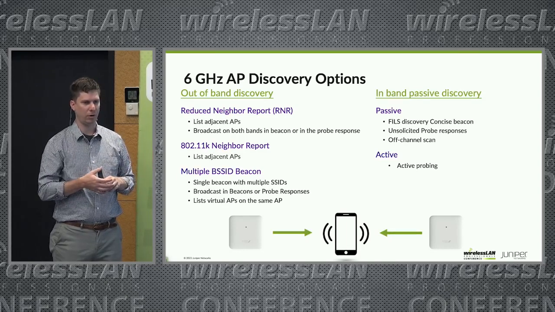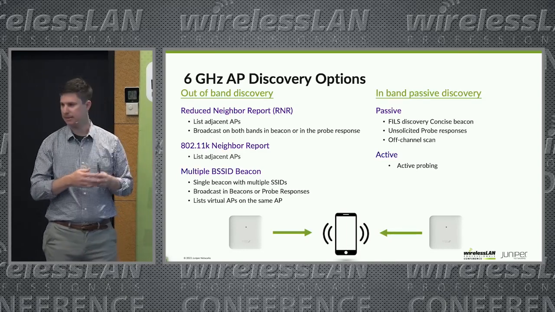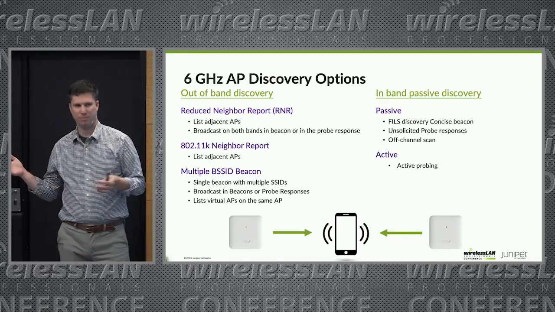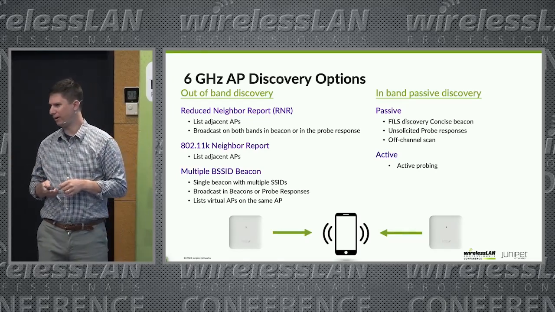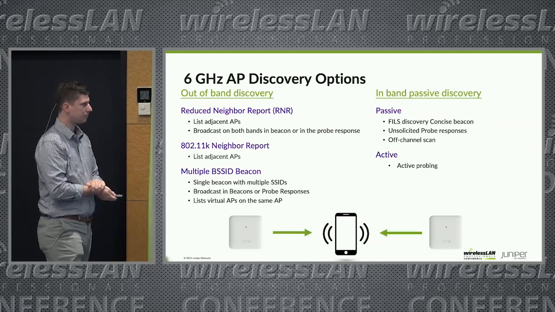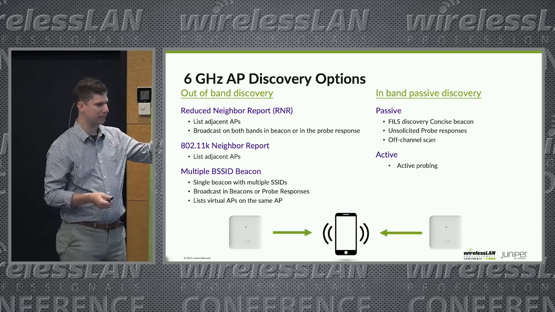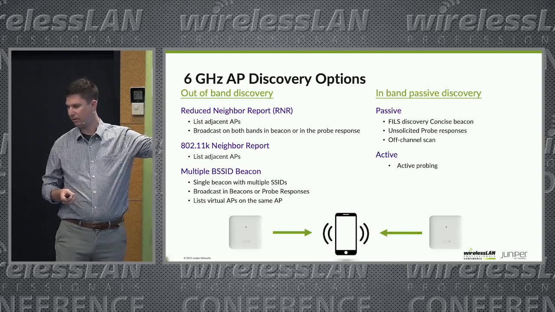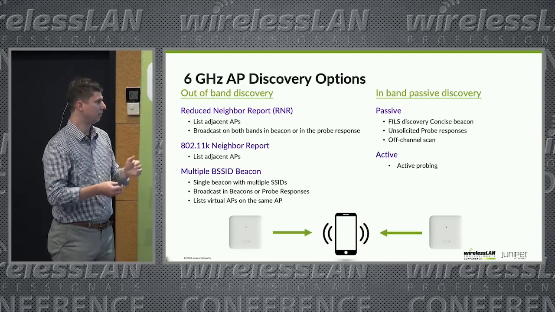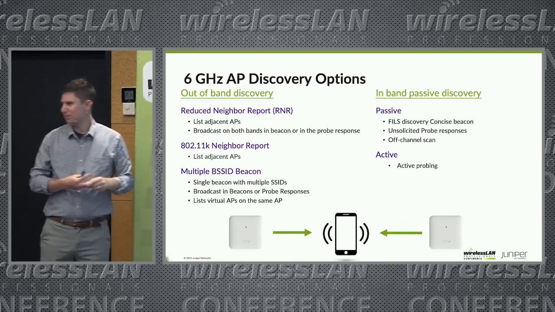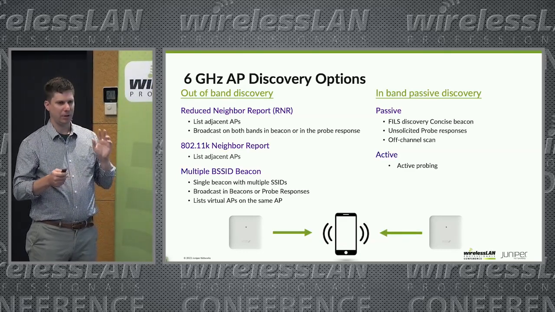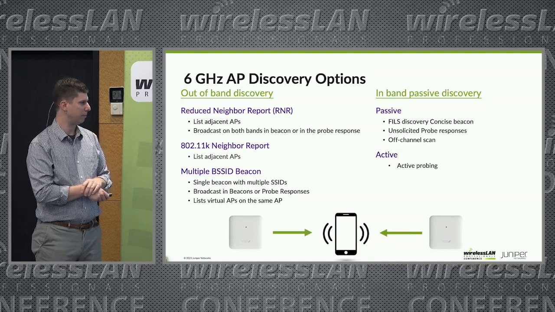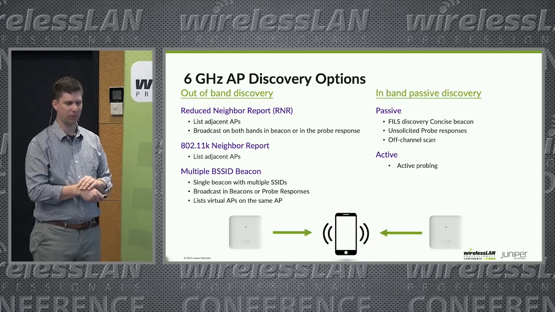Where they are leveraged is 6 gigahertz-only SSIDs, but I don't think it's worth the overhead they incur. These go out every 20 milliseconds versus a beacon every 100 milliseconds approximately. So does it really buy you all that much? Probably not. So let me go into the reduced neighbor report, because there are a lot of really cool things here.